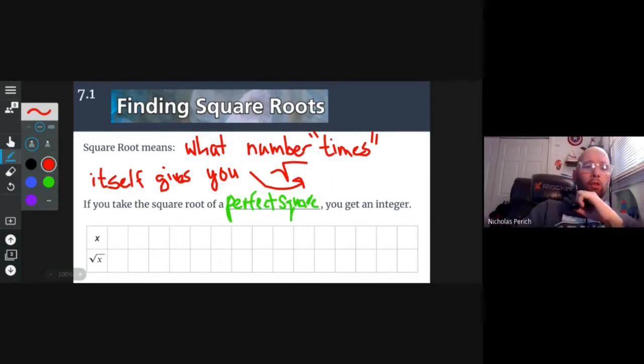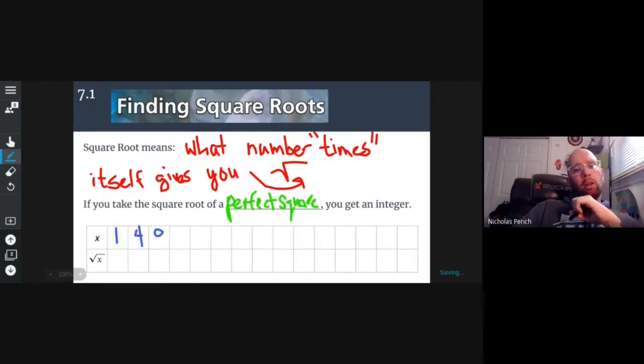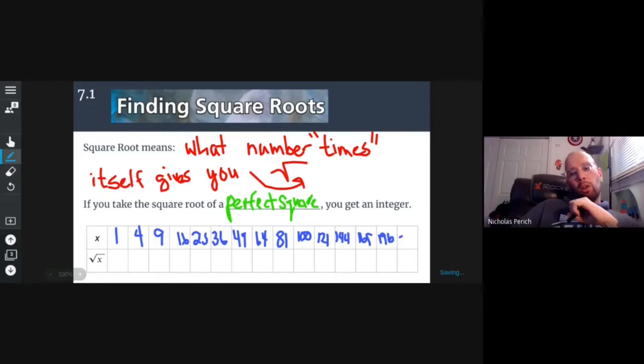These numbers are the perfect squares that I'm about to write down. 1, 4, 9, 16, 25, 36, 49, 64, 81, 100, 121, 144, 169, 196, 225.